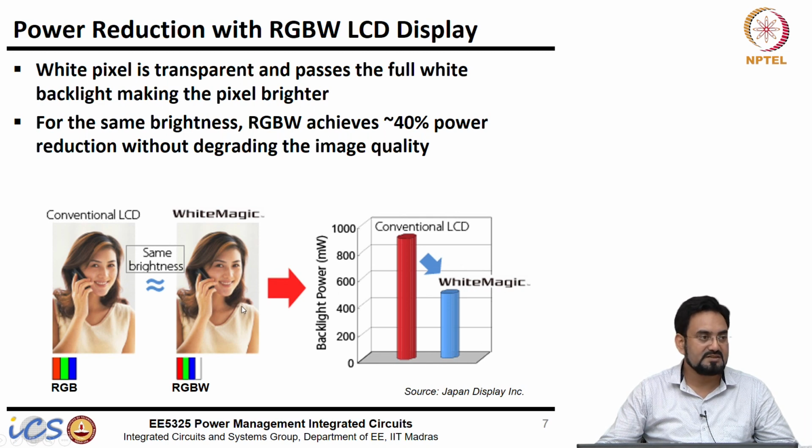They have the same brightness, same quality, but RGBW is consuming 40% less power. So, that is a huge advantage. This was taken from Japan Display, JDI, which basically manufactures these displays.